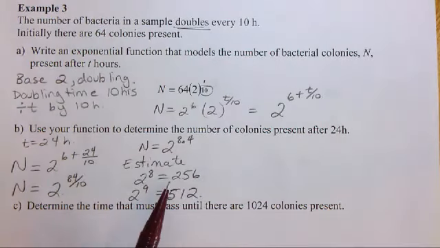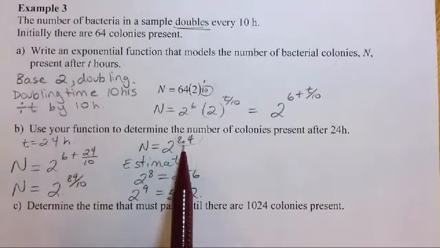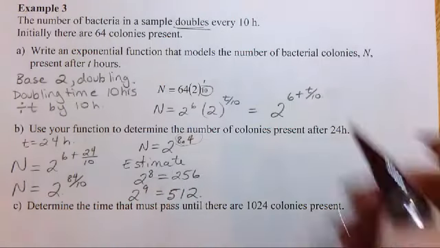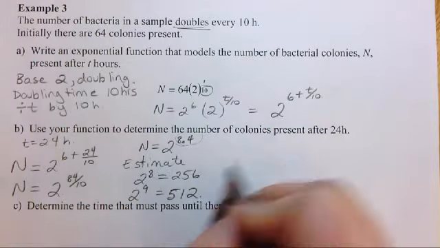Now, 2 to the power of 8 is 256. 2 to the power of 9 is 512. The answer we're looking for has 8.4, so it's going to be closer to the 256 than it is to the 512. So let's stick closer to our 256 number.